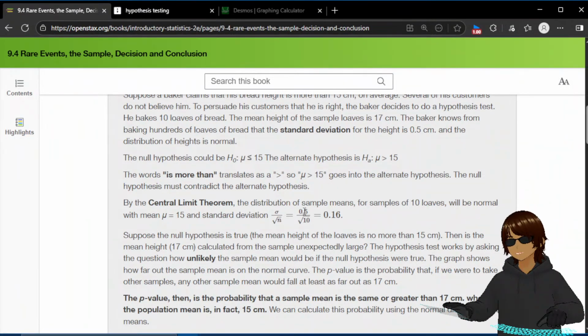Why is there 0.5 here? Okay, the baker knows that the standard deviation of the height is 0.5.